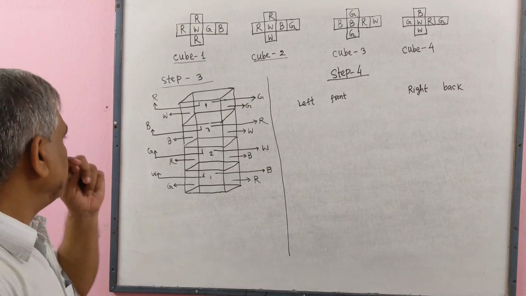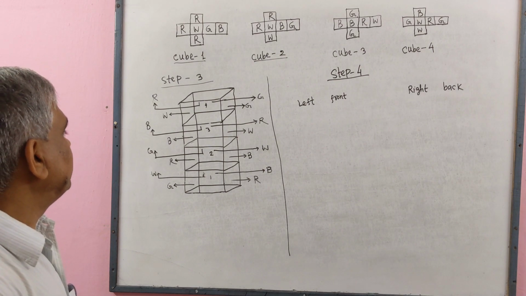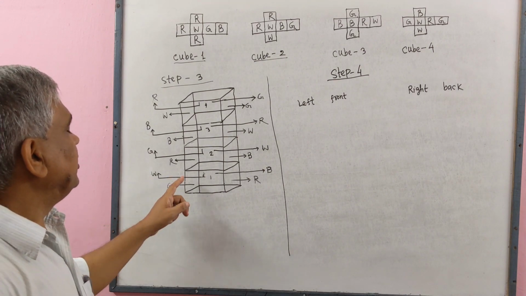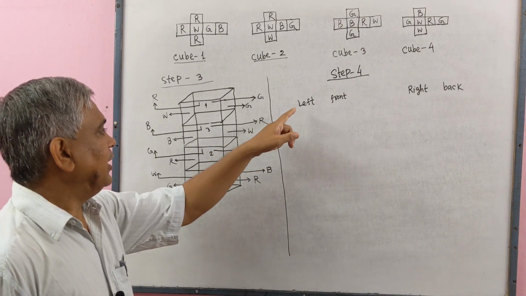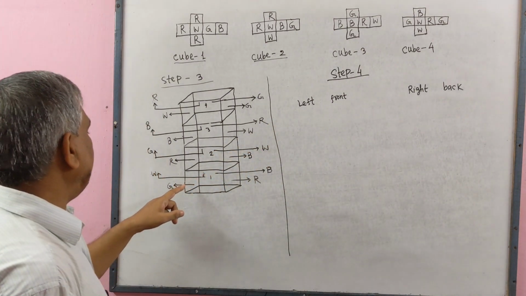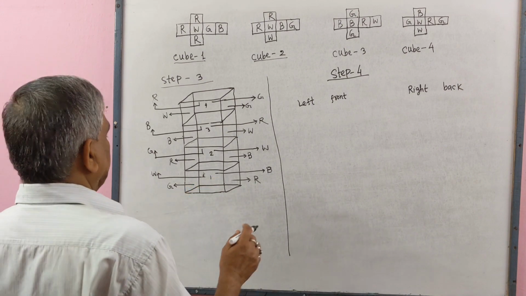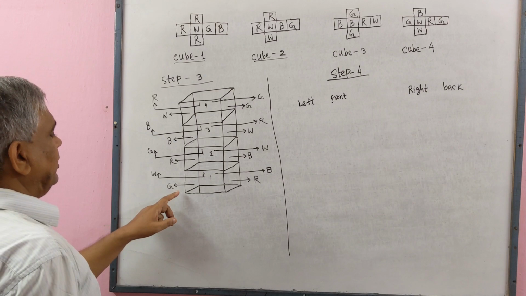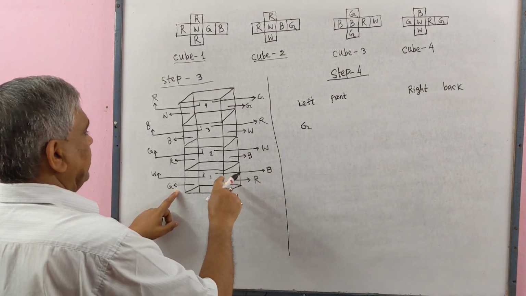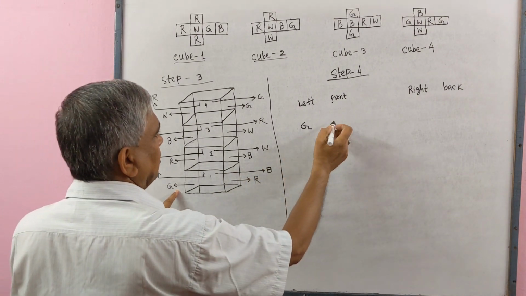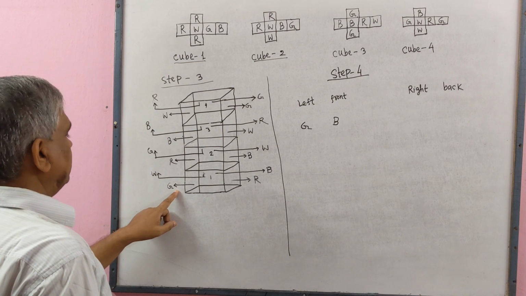Now we go to step 4, in which we will see the color of the cubes as left and front. This is left and this is front. Here we see that on the left side G color, on the front side B for the first cube.